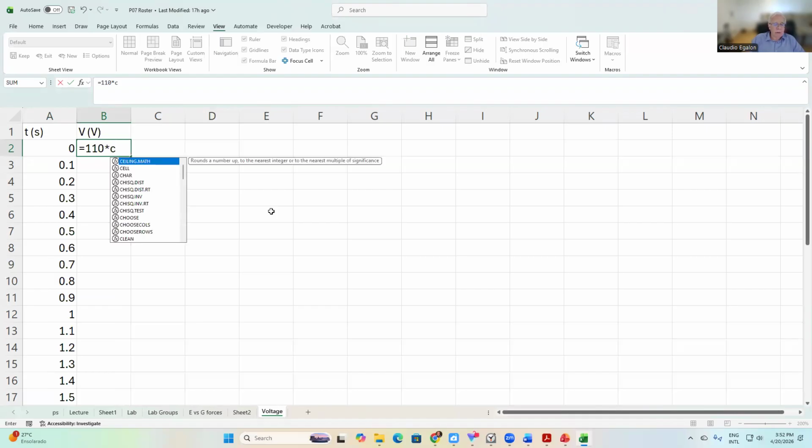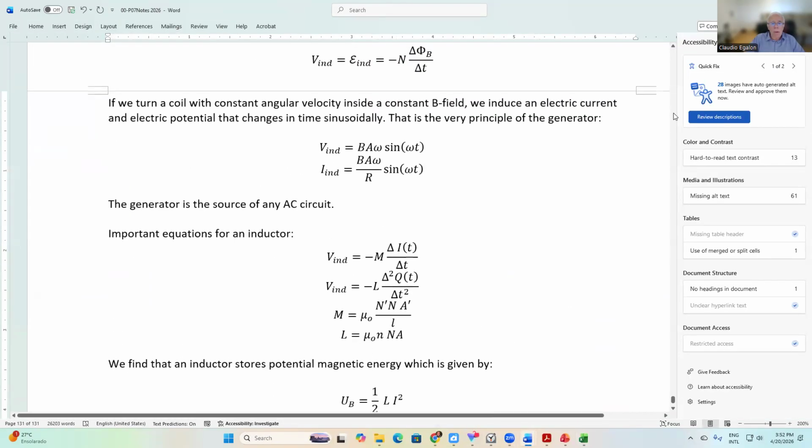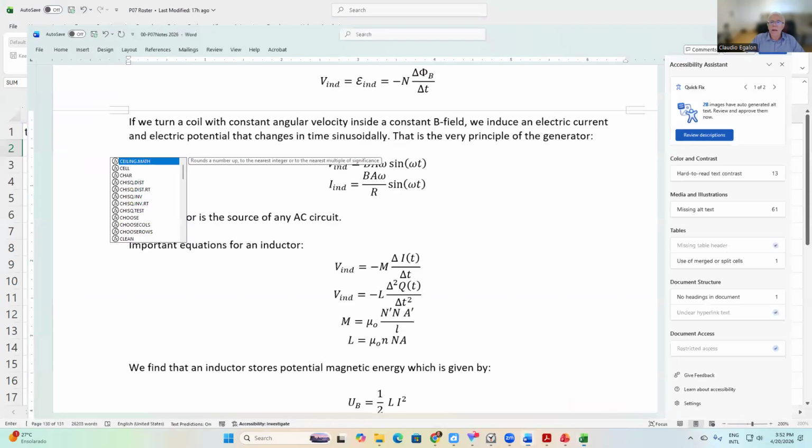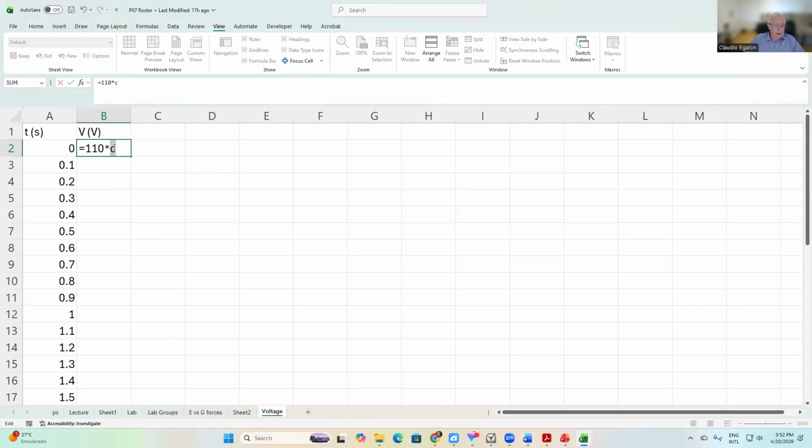I'm going to use a cosine or a sine there. Let's see what I use there in the notes. I use the sine, so I'm going to put a sine here as well. Then let's try 60 times t. Let's see if it works.